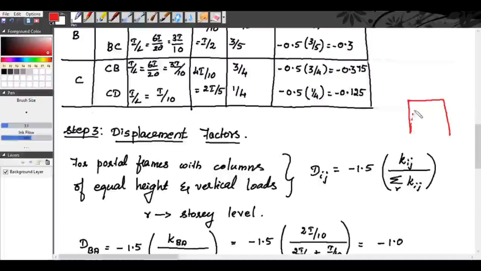Sway will be occurring like this, right? So A, B, C, D, this BC will be shifted to B dash and C dash. But the displacement is happening at the joints B and C for the columns, that is for BA and CD. So you will find the displacement factor for the column BA and for the column CD.